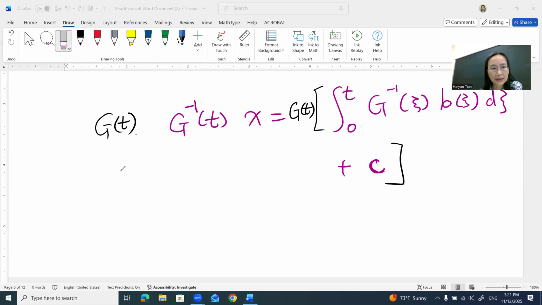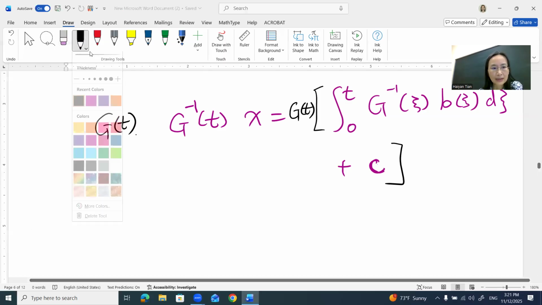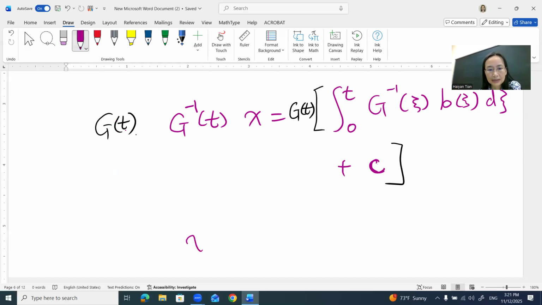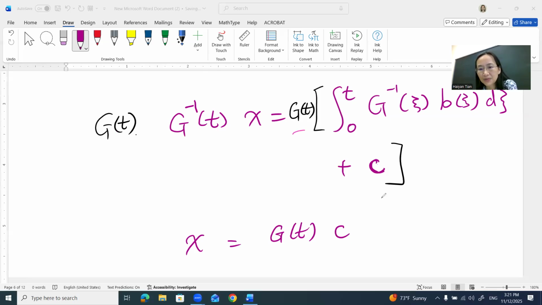So the left side is x. On the right-hand side, we have G times C. That's very easy to see, so I'm putting it here.